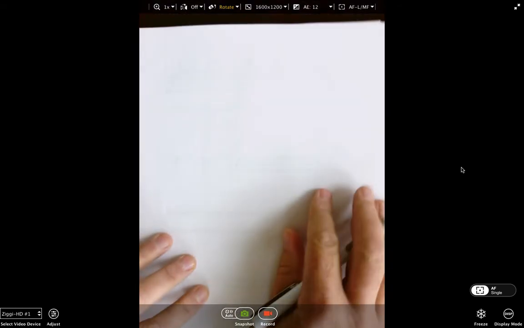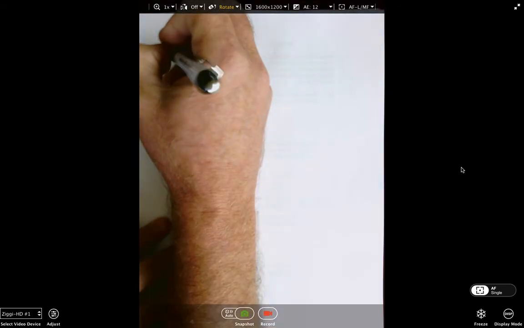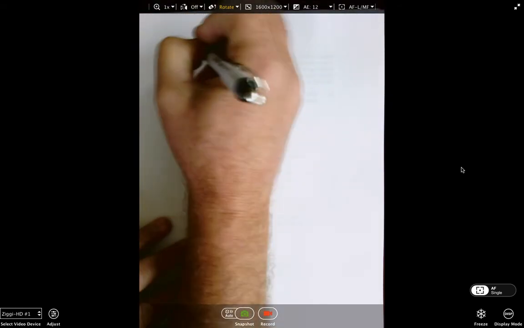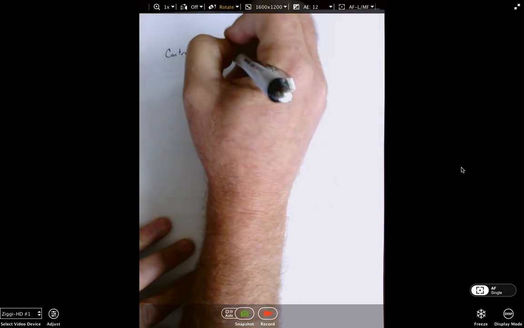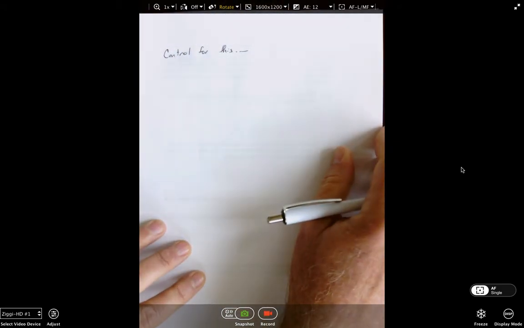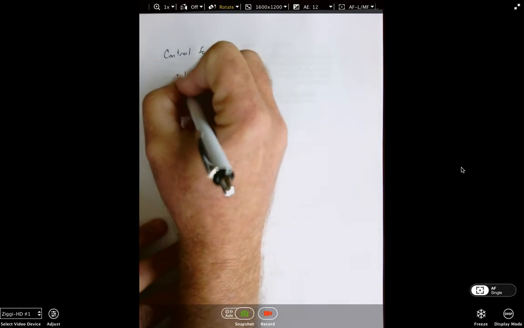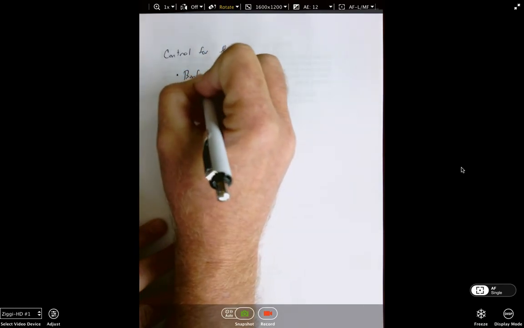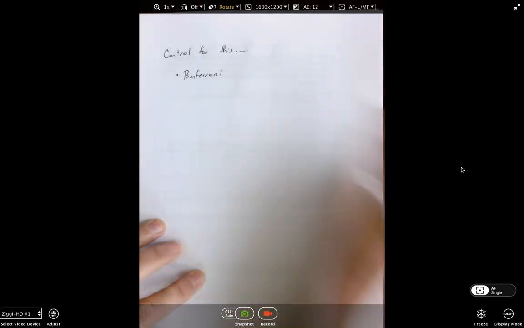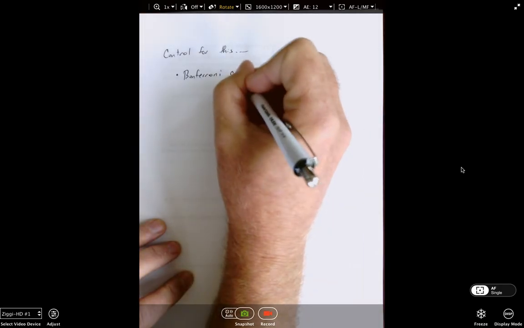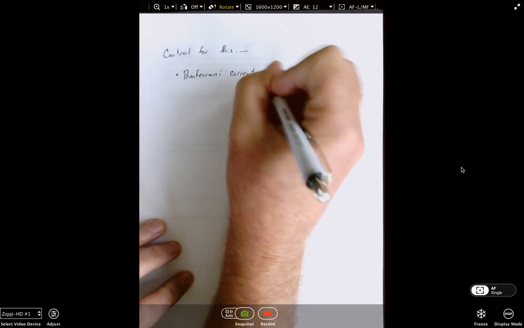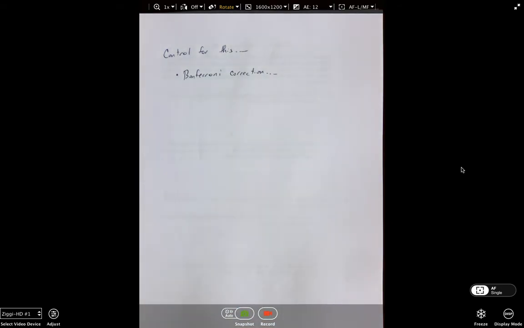So what we need to do is control for that. And one way we could do it is a very simple correction process called the Bonferroni correction.